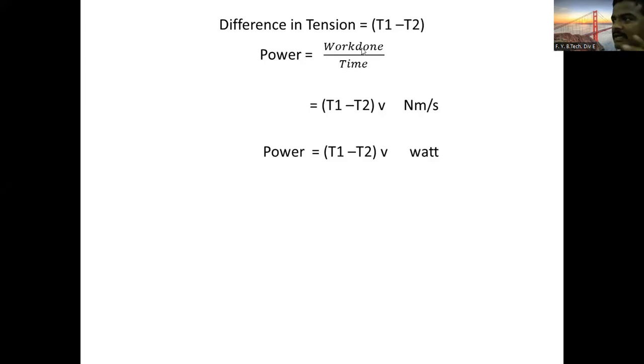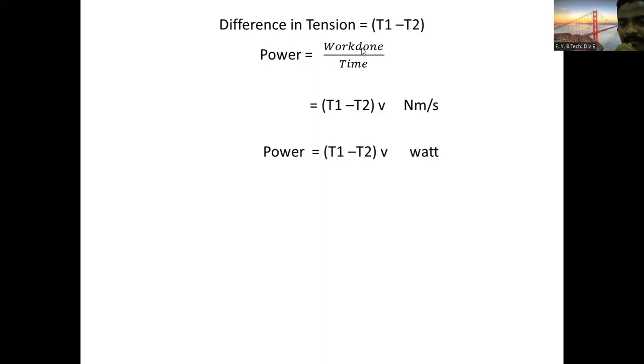Joule per second. When I say Newton meter means what? Joule. And then divided by second. Joule per second means what? Watt, na? Power is measured in watt or kilowatt.